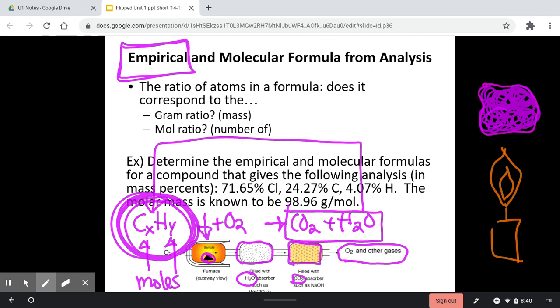These subscripts are always going to be measured in a counted amount. So we can say we have 1 carbon to every 4 hydrogens. That's a counted amount. 1 atom to 4 atoms, or 1 dozen to 4 dozen, or 1 mole to 4 moles. All of those are counted amounts.